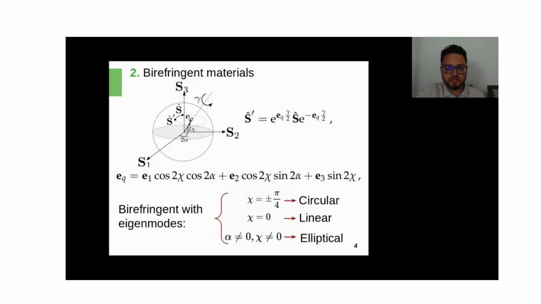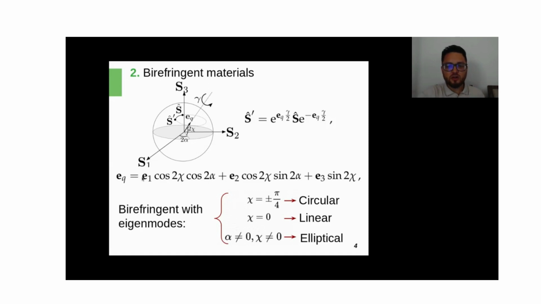In that way, e sub q is the axis of the rotation, which in the case of birefringent materials are the eigenmodes. And this angle of rotation is in the same way the birefringence of the material, the phase retardation. This is a very important, more general mathematical tool than matrix algebra.